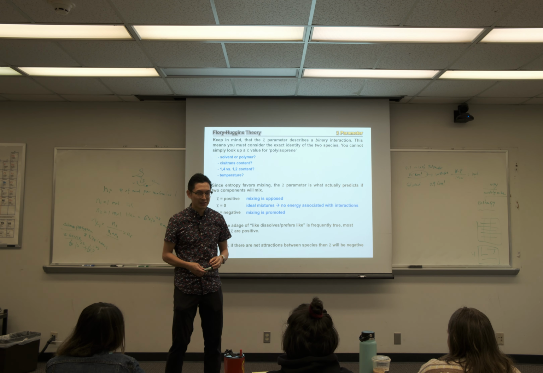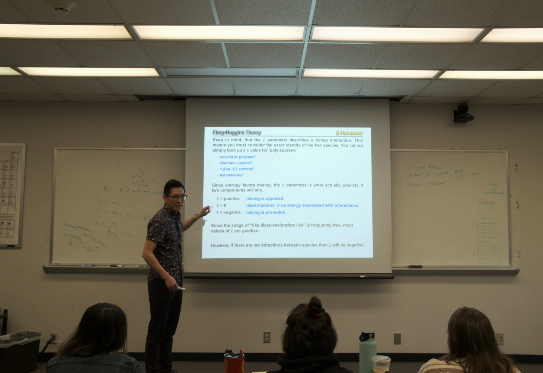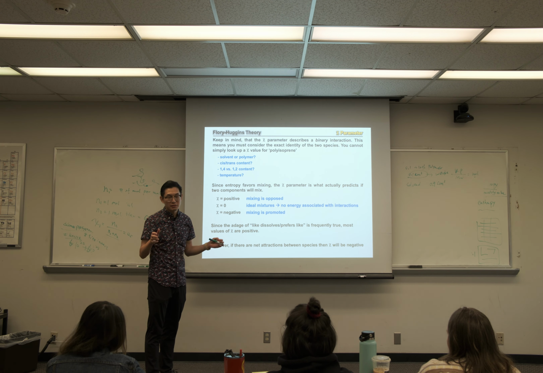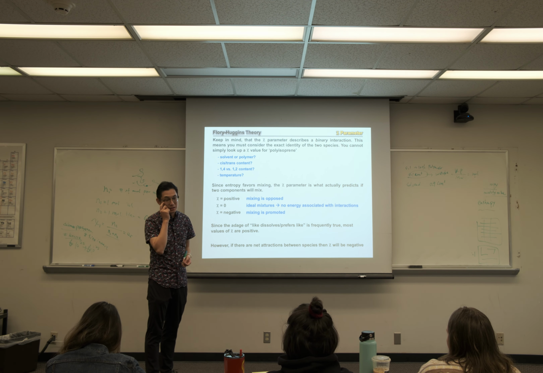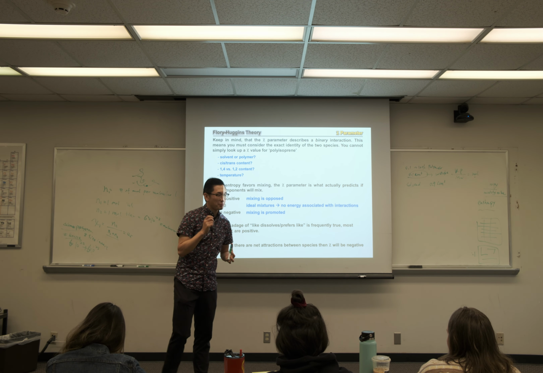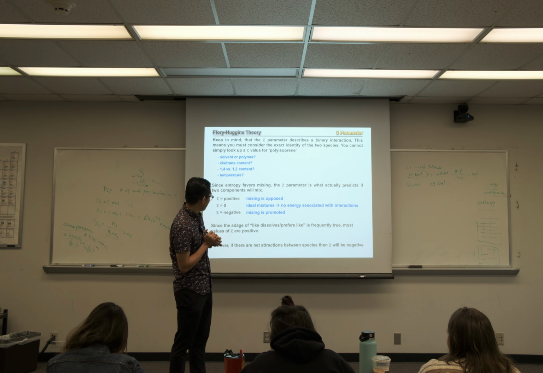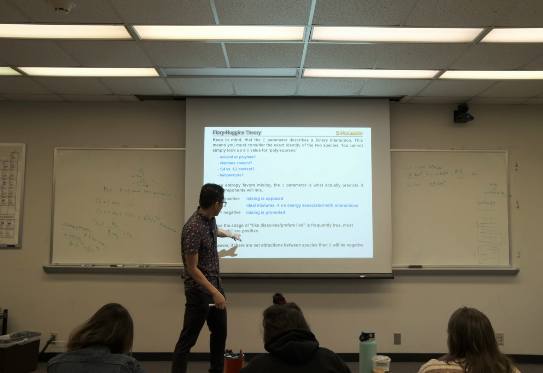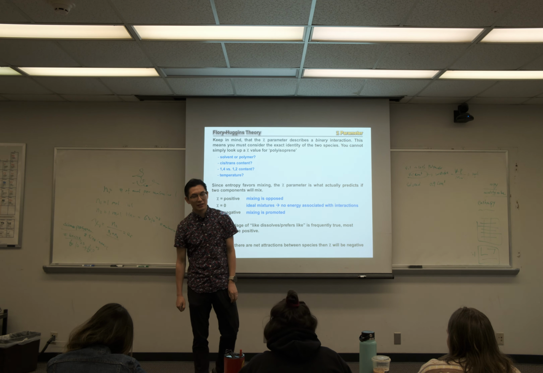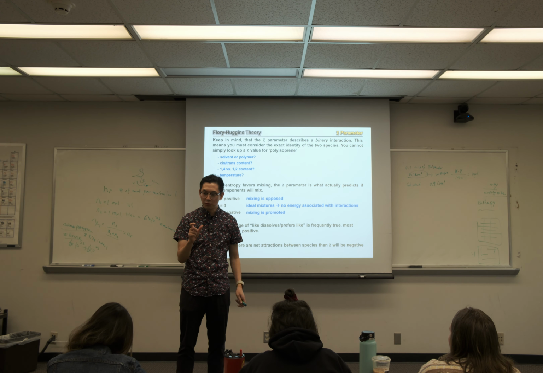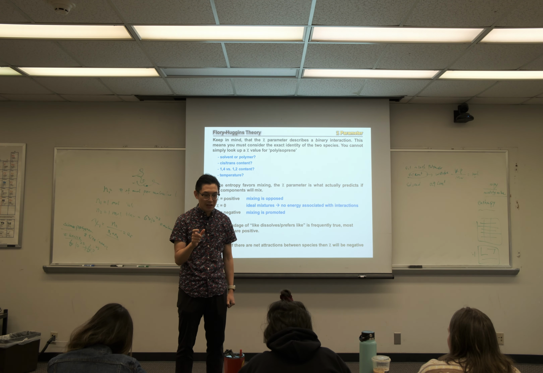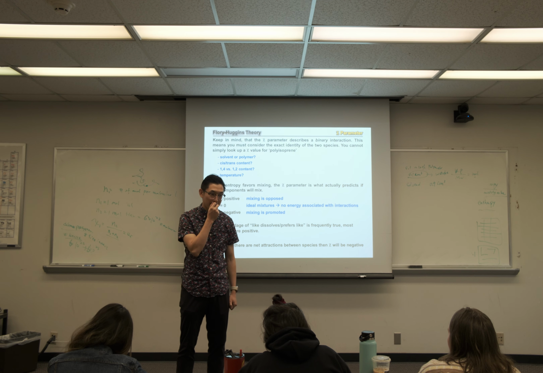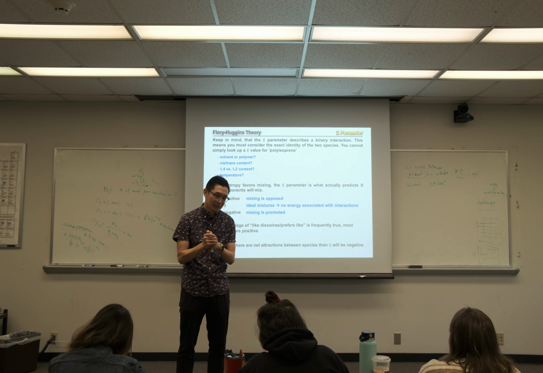Most of the time, chi is a positive number for most pair mixing systems. So when like dissolves like, in this case you will have a small chi. That means your chi is still positive, but it will be fairly small. So it doesn't hinder the system from mixing. Does that make sense?